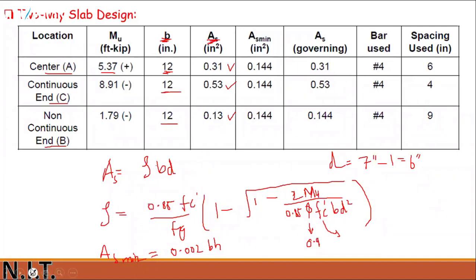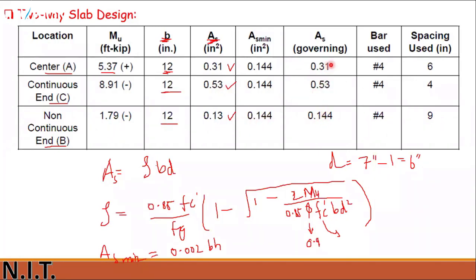Okay, if your area of steel is less than this value, if As is less than As minimum, then your governing steel will be 0.144, as you can see. And if this value is greater than 0.144, then you have to use 0.31. As you can see, you have to select the bigger value from these two: 0.31 from these two values, 0.53 from these two values, 0.144.